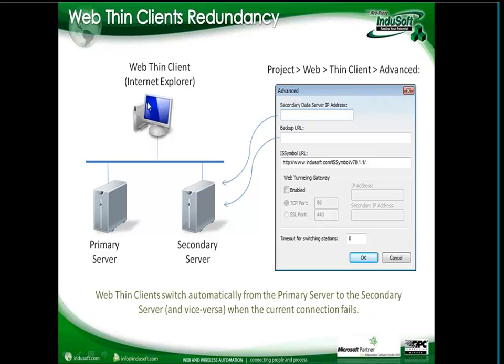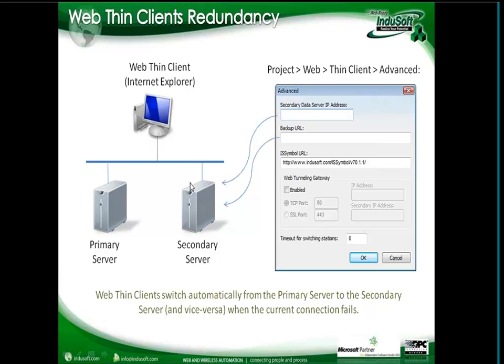So when you do that, the web thin client connects to the primary, but if the primary becomes unavailable for any reason, the web thin client automatically switches to the secondary and then remains connected to the secondary until you either disconnect, close the web thin client, or if the secondary server becomes unavailable for whatever reason.